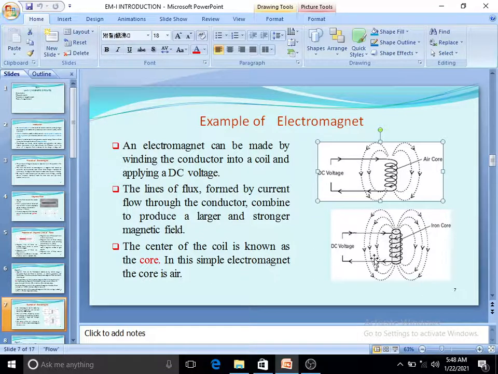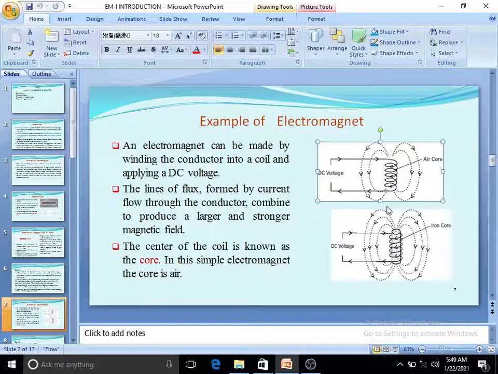That's why we generally prefer an iron core. The lines of flux formed by current flow through a conductor combine to produce a larger and stronger magnetic field. The center of the coil is known as the core. This center part is your core. Here air is acting as the core, and here iron is acting as the core.